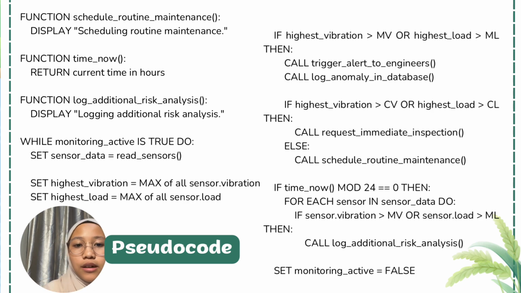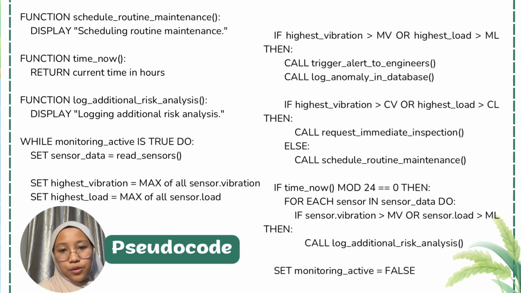Then for the main monitoring, as long as the monitoring is active, the system will run in a loop. Each cycle will read sensor data and find the highest vibration and load values among all sensors. If the vibration or load exceeds the safe maximum, the system will send alerts and log the event.